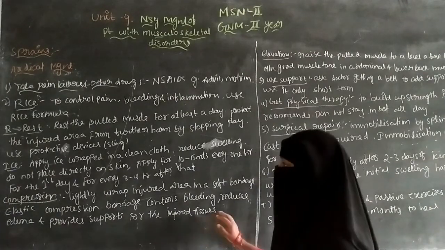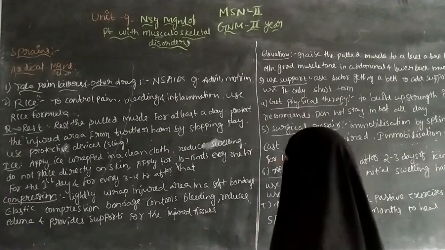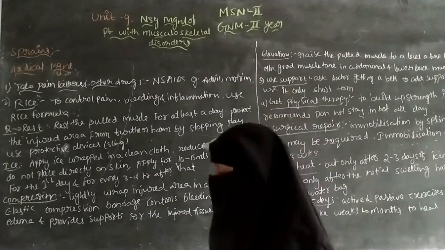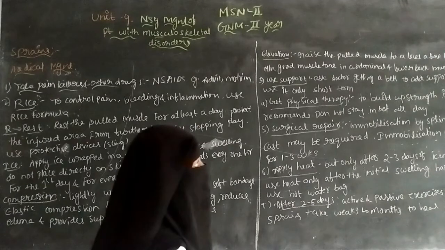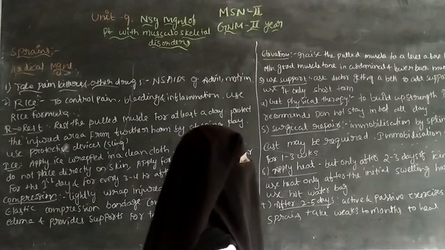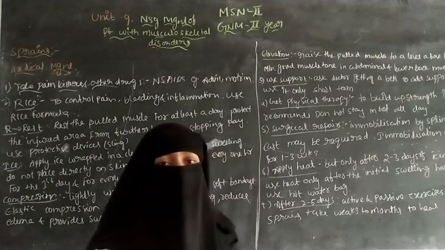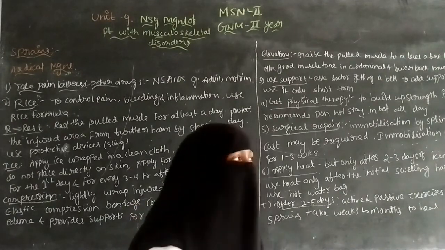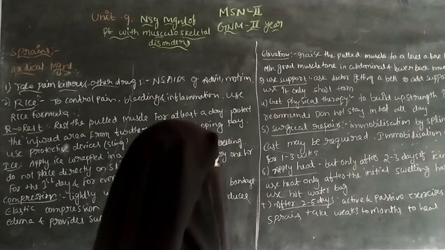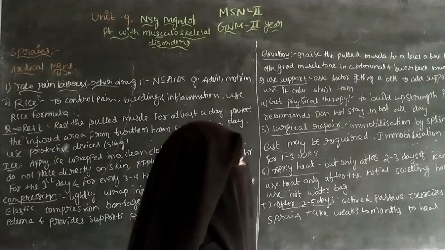So that is about compression. And next one is elevation. Elevation means raising the pulled muscle above the level of the heart, by maintaining good muscle tone in the abdominal and lower back muscles.